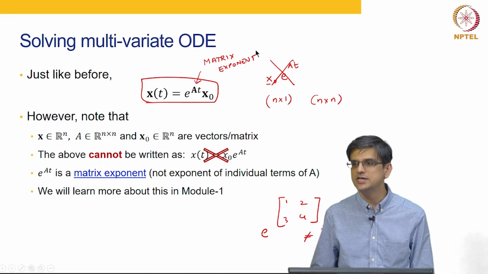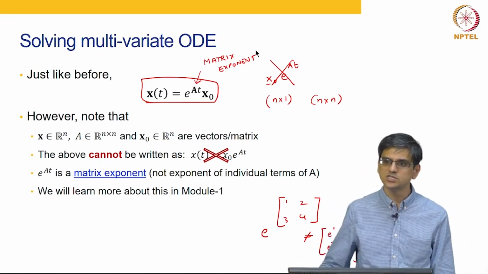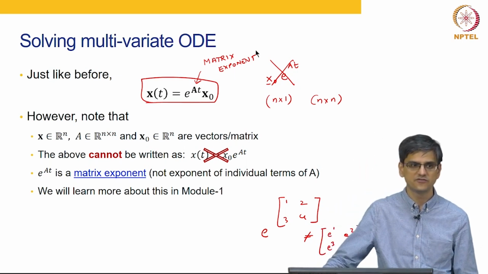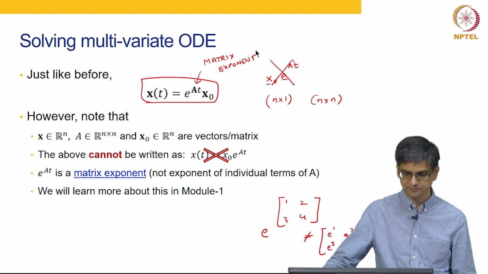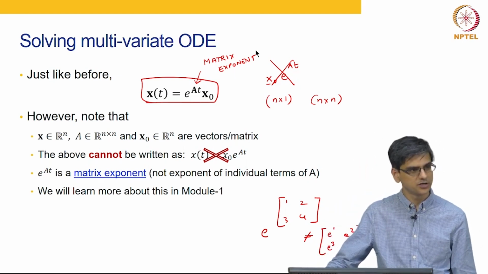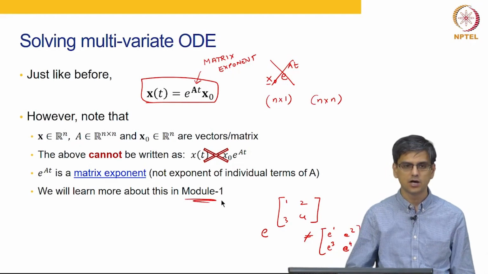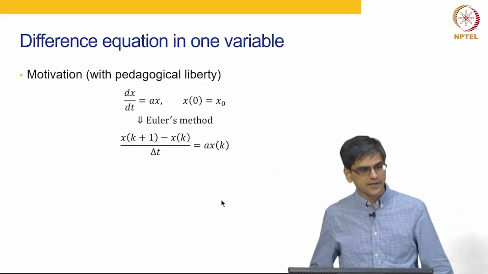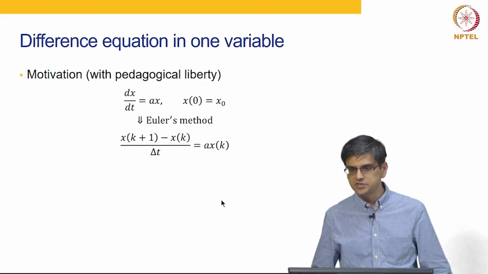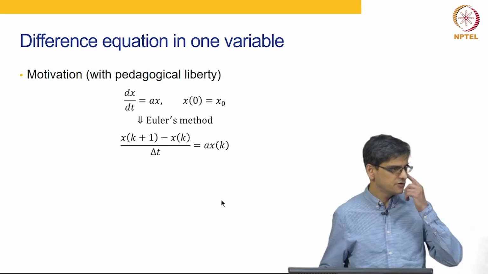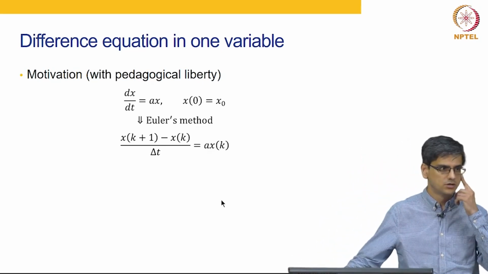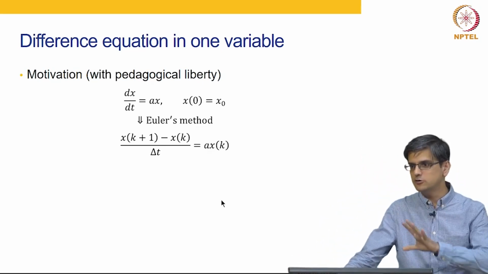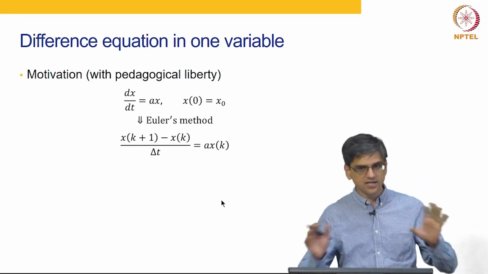The matrix exponential exists only for square matrices, it is not defined for non-square matrices. We will talk about this in module 1, how to calculate e to the power At. Okay. So, difference equations. Any questions about differential equations? Yeah, cool?